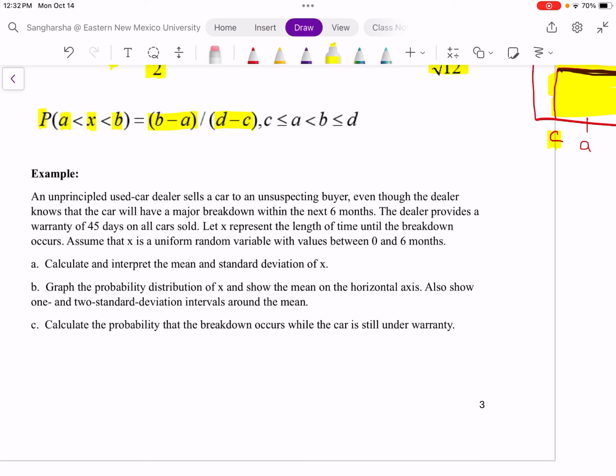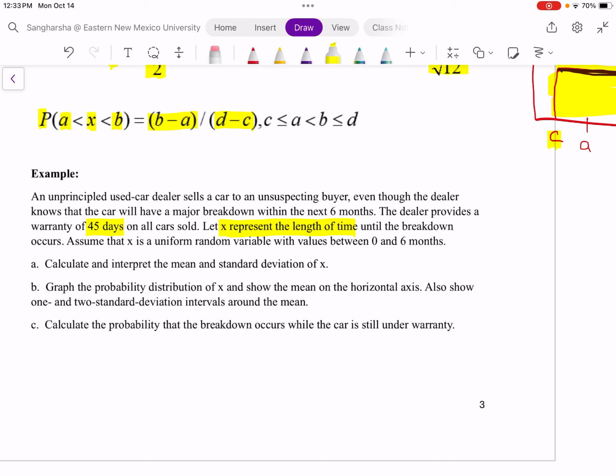The dealer provides a warranty of 45 days. He knows that the car will have a major breakdown within the next 6 months, but still the used car dealer is selling the car, and he gives a warranty of 45 days on all cars sold. Let x represent the length of time.